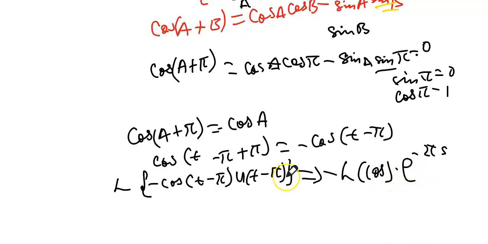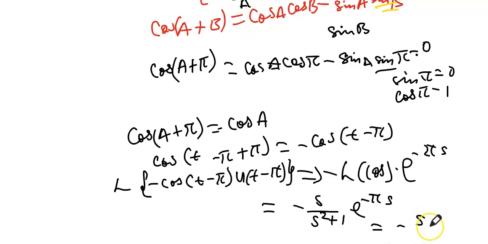If I rearrange this, it implies that we have negative s divided by s squared plus 1, then exponent negative pi s. Hence, this implies that we have negative s exponent negative pi s, divide this by s squared plus 1.